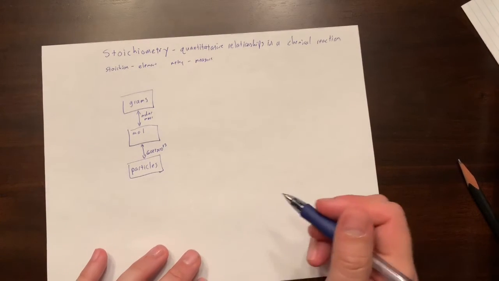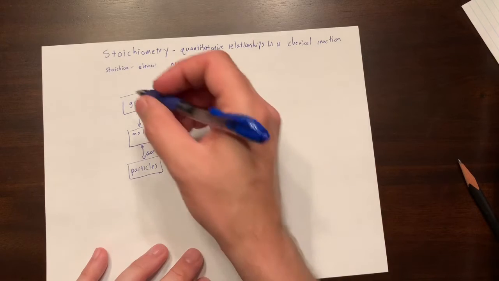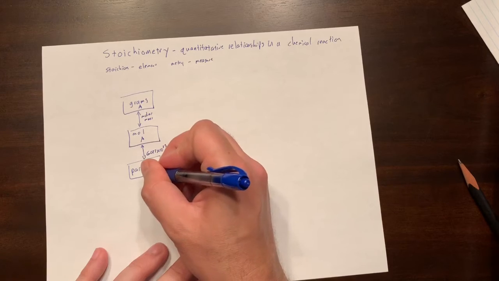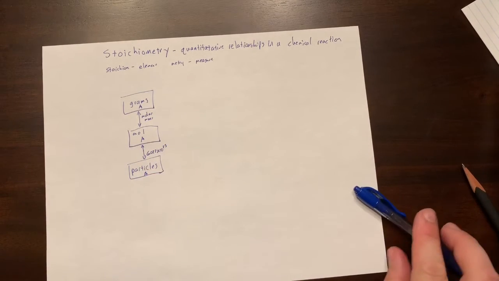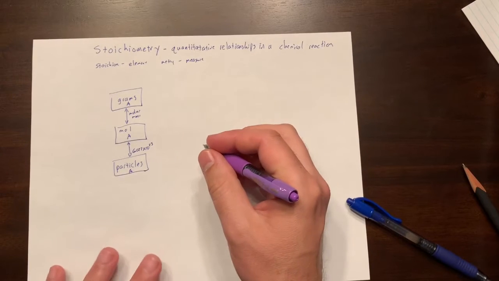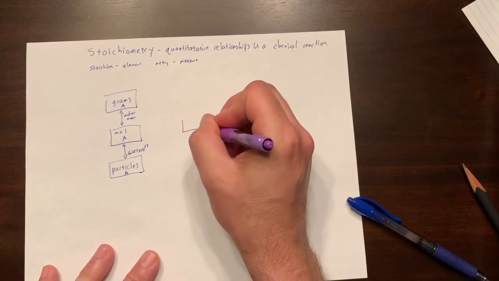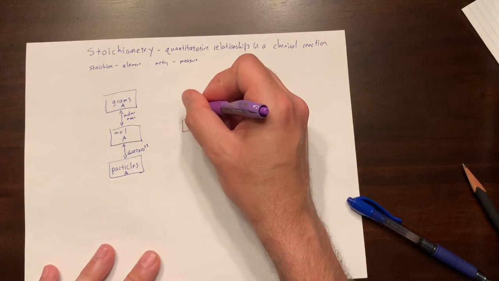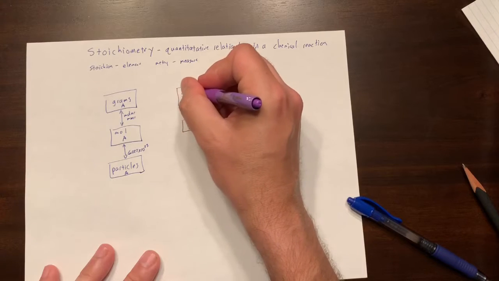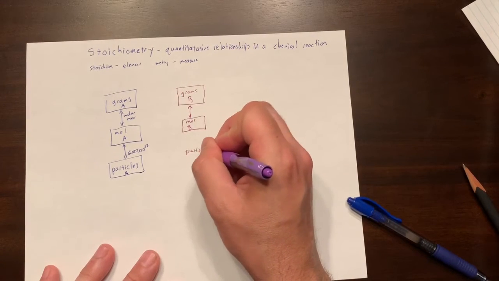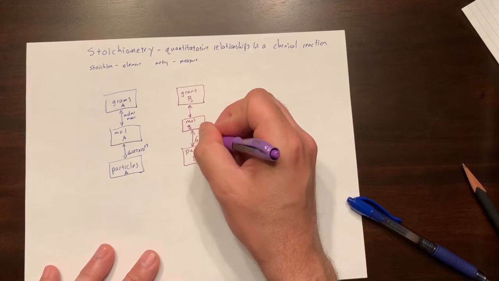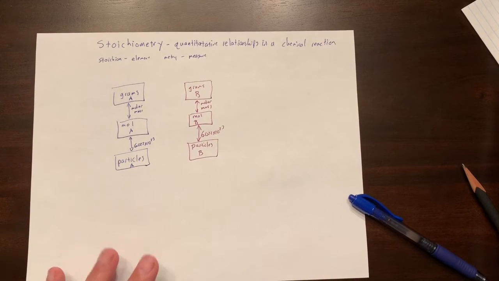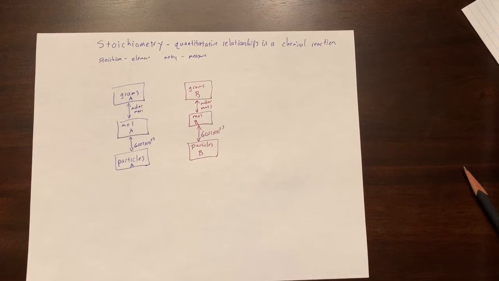Now this all works out well if we're just talking about a single substance, compound A, for instance. We can do this exact same thing for another substance, substance B. Now, what stoichiometry allows us to do is to connect these two things.